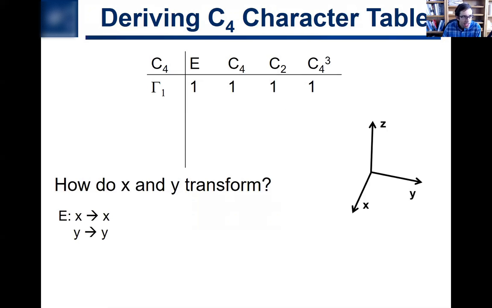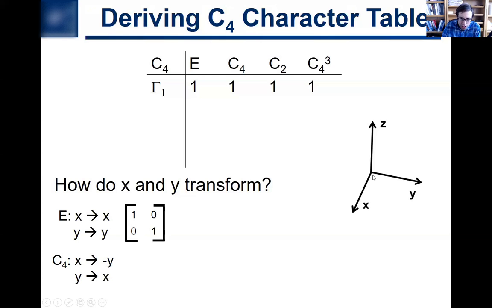And now we can ask how x and y transform. With the identity, x is going to go to x, y is going to go to y. We're setting up here thinking that these are going to transform together, so we're going to have a 2x2 matrix. We can't use block matrix multiplication to separate them. And this shows you right here, when you do C4, why they transform together.